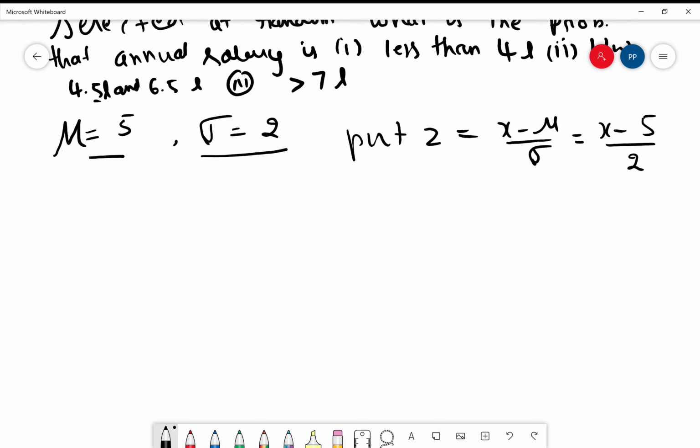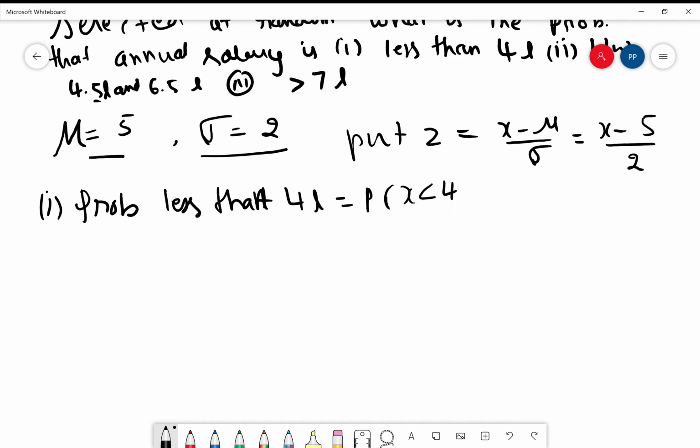Now, the first one is nothing but the probability that the annual salary of an employee is less than 4 lakhs, which equals P of x less than 4.